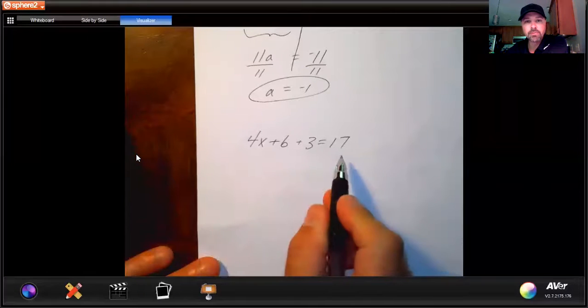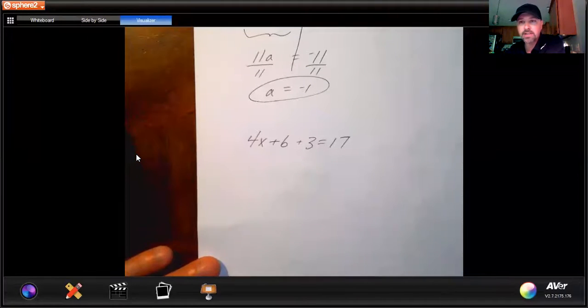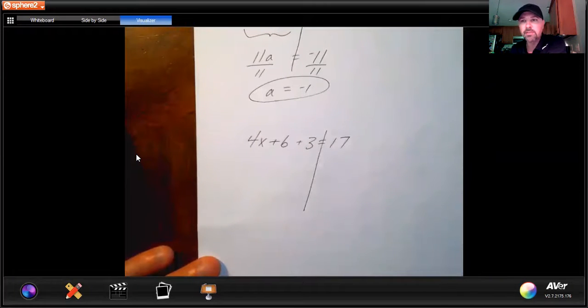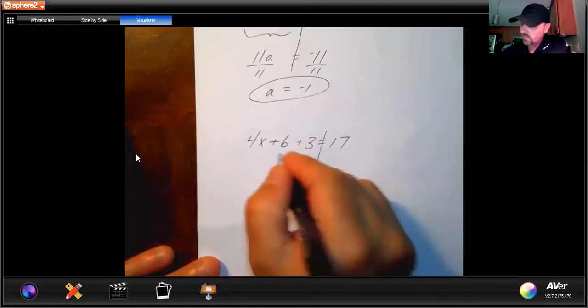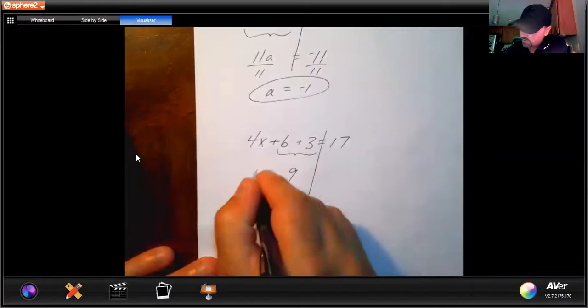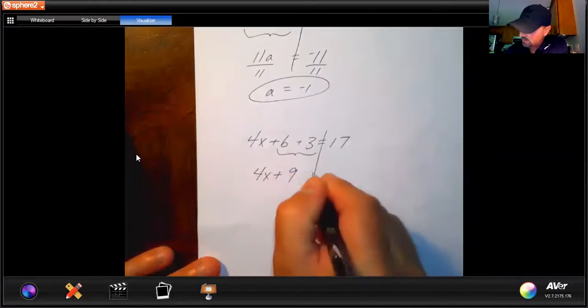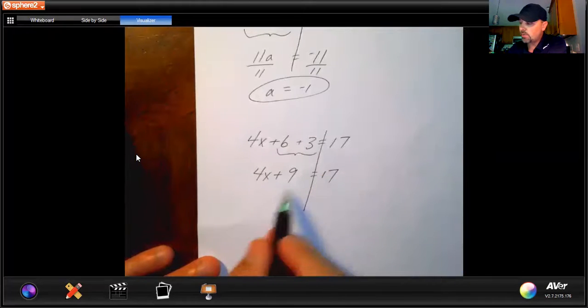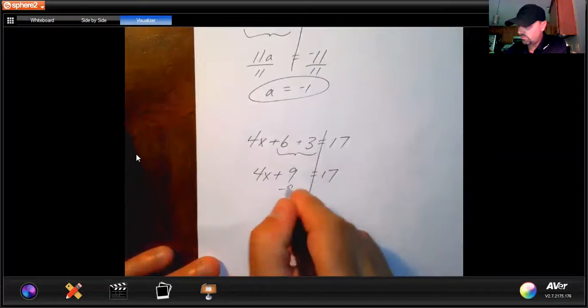Here's our problem. 4x plus 6 plus 3 is equal to 17. In this problem, first thing we're going to do is combine like terms. So we have a 6 and a 3 on the same side. They might as well go together. That's 9. Everything else is just going to come down as it is. Once we're here, it's ready to solve. Start with addition or subtraction.